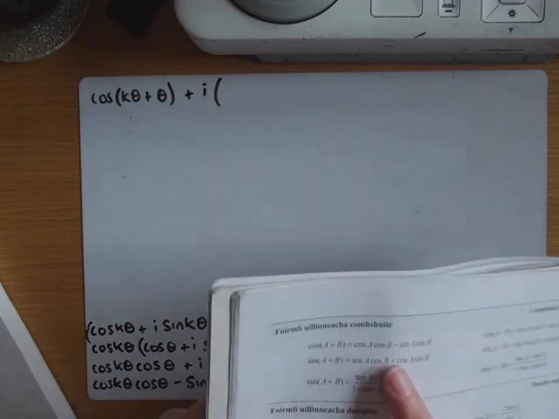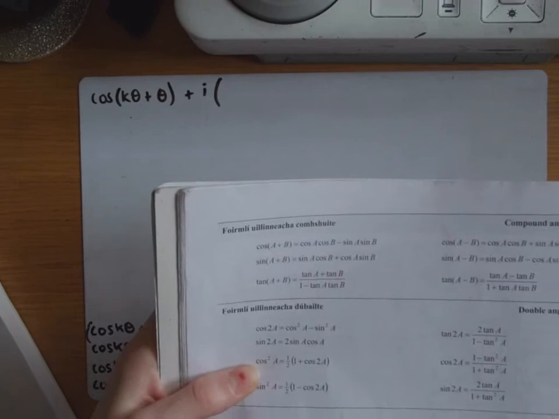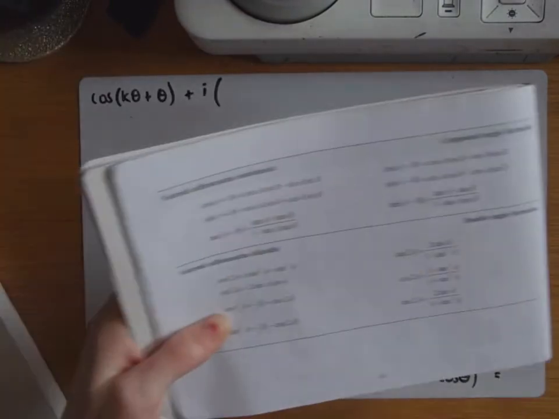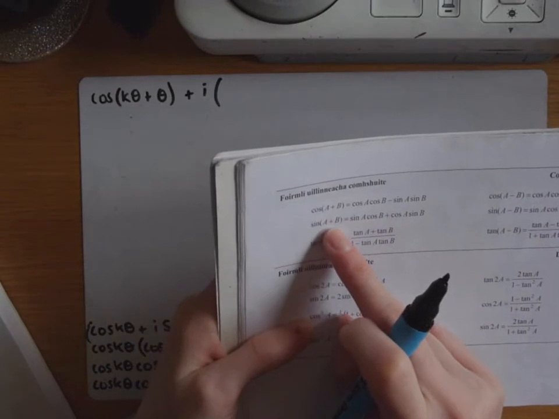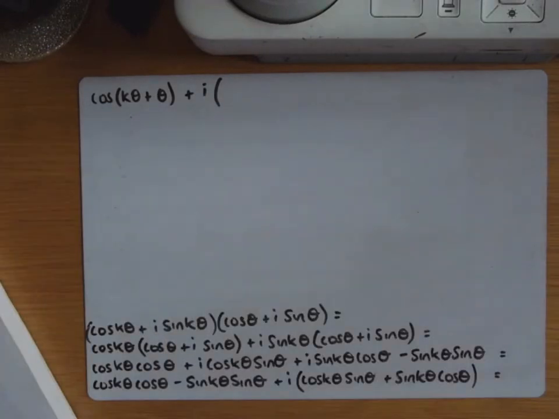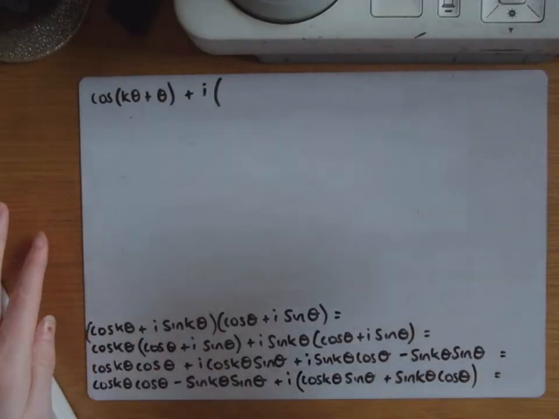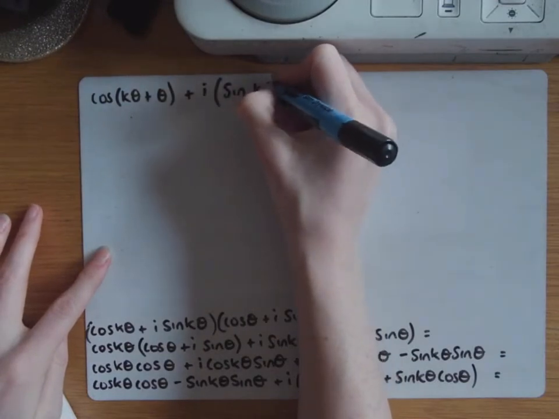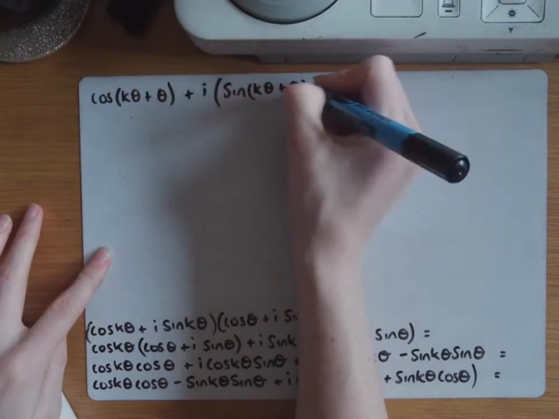If you want it to look exactly the same, but it's not necessary, like this is a proof, so they know you know how to manipulate this. Okay, so that's sine of A plus B. Okay, so that there is sine of k theta plus theta.